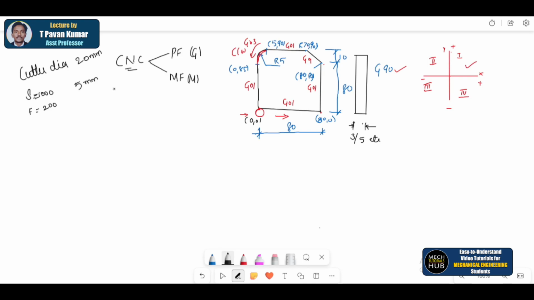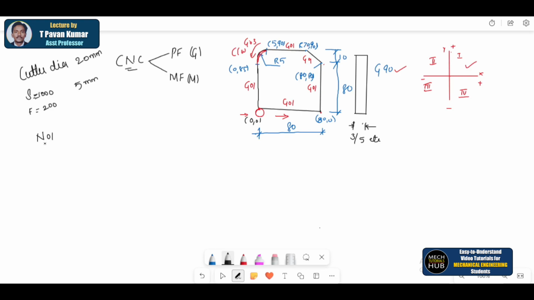Now let us start writing a simple program for this case, for the plate. Any block is represented with the alphabet N followed by a number. It could be N001 or N01. It all depends on the length of the program.